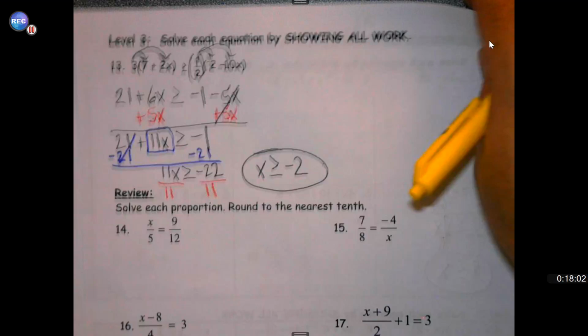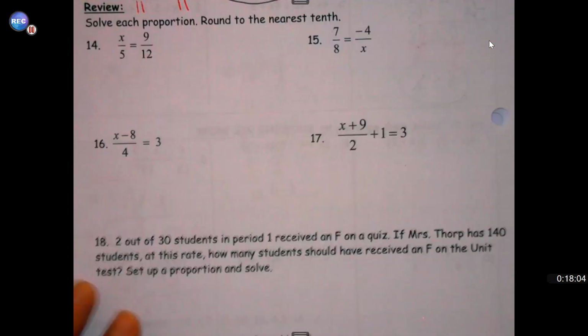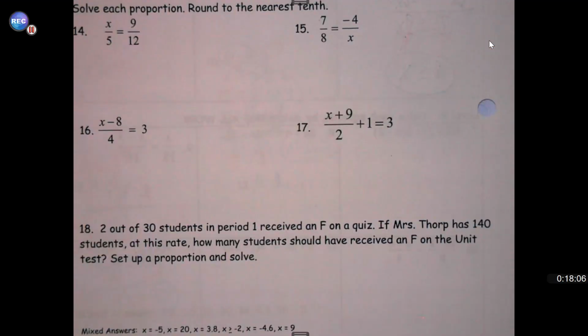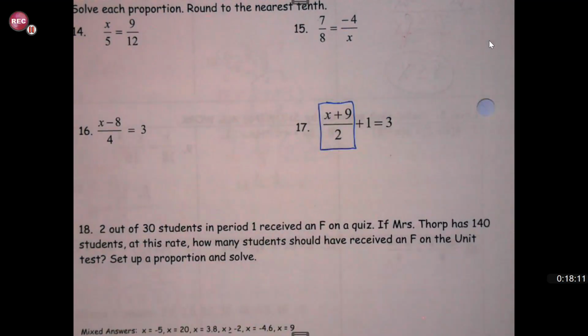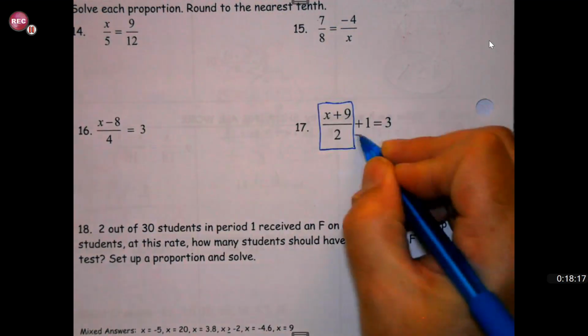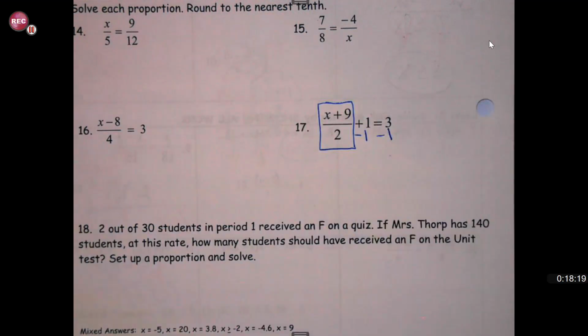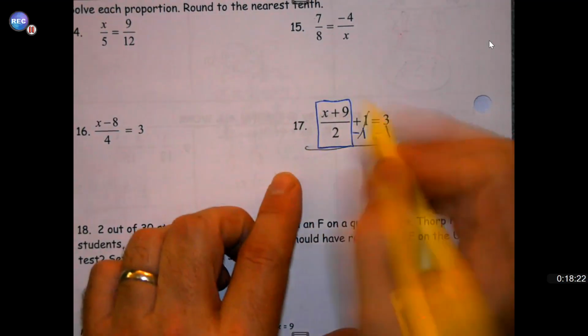Last statement from Hardy. Last one. Just a reminder, when you get down to the review, one reminder. Before you try to get rid of the fractions, I know we don't always like them, but before you get rid of it, get it by itself. Here's my one step. I'm going to get you started.